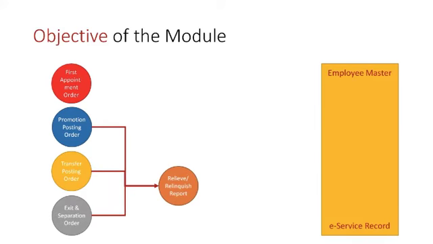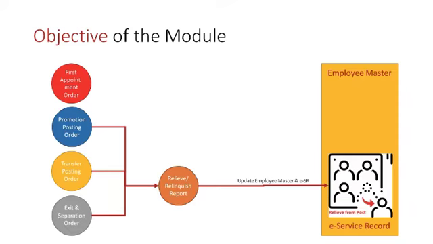For the last three events, transfer, posting, and exit, the trigger is the date of the person leaving the place, whether relinquishing, a release report, or a combined report where a new person joins and somebody hands over and takes over. When that date is entered in the system, that's the trigger for updating our employee master in ESR.